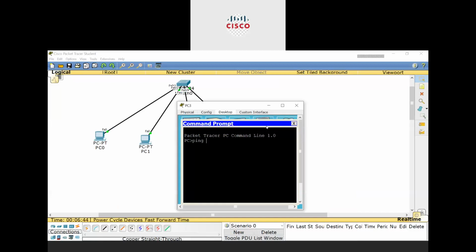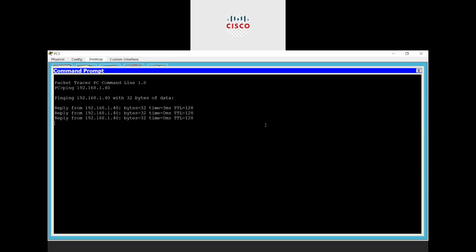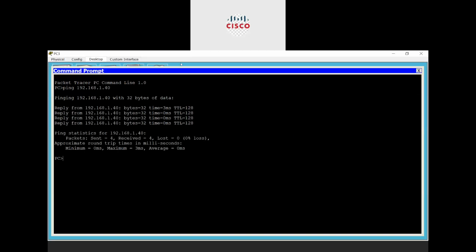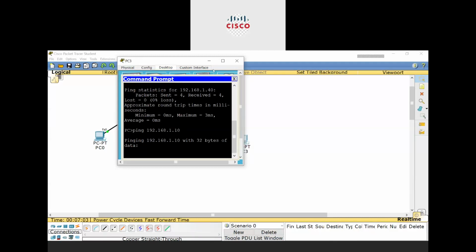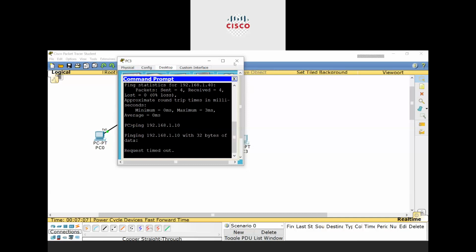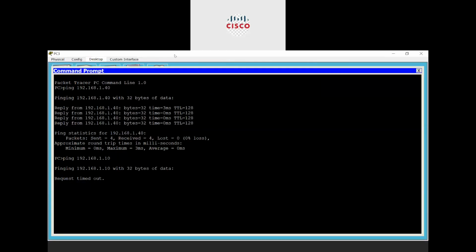The IP address of this PC is 192.168.1.45. If I ping 1.40, yes, 1.40 will reply because this IP address belongs to the same subnet. What if I want to ping 192.168.1.10? He will not get this, meaning the computer does not communicate with the other. A computer will communicate with devices of the same network.